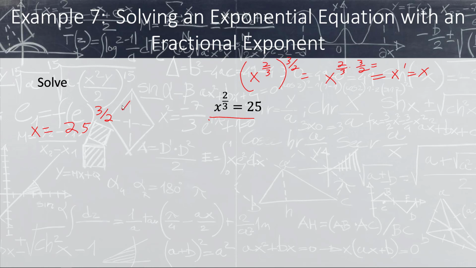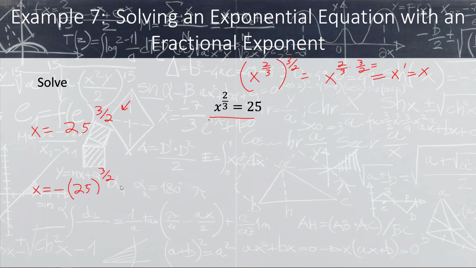However, notice that I have an even value in the denominator of the exponent. That also means that I need to consider the equation x is equal to negative 25 raised to the 3/2 power. Okay? So let's go ahead and evaluate both.